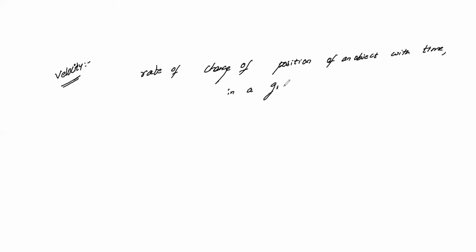The definition is the rate of change of position of an object with time in a given direction. So when you are specifying a proper direction for the position of an object with respect to time, we call it velocity.